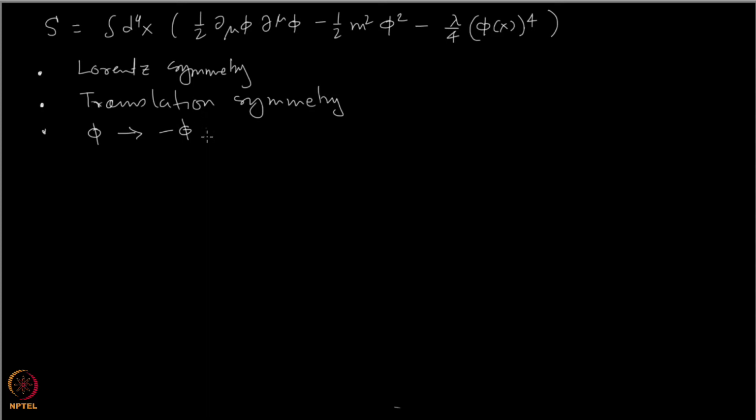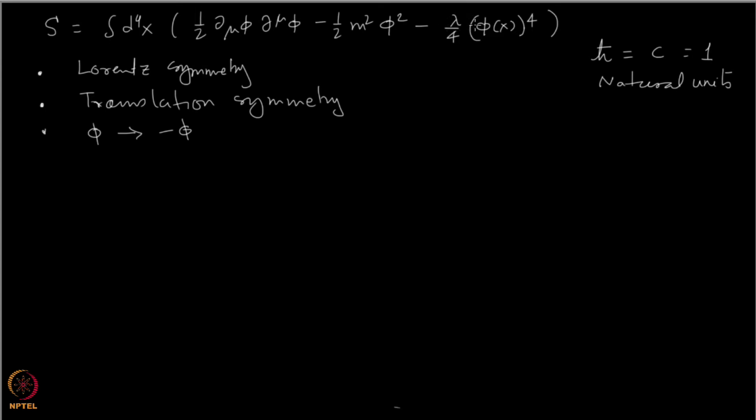Okay. So one thing you can do is find out the dimension of lambda. Right now we are working in h bar equal to c equal to 1 units. These are called natural units. And in these units, you can try to find out what is the dimension of lambda.